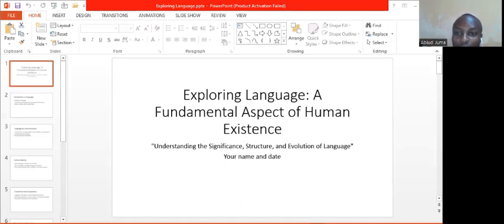Language is a fundamental aspect of human existence, serving as a primary tool for communication, expression, and connection among individuals and communities. So, what does that mean? Or how do you understand it as a student?